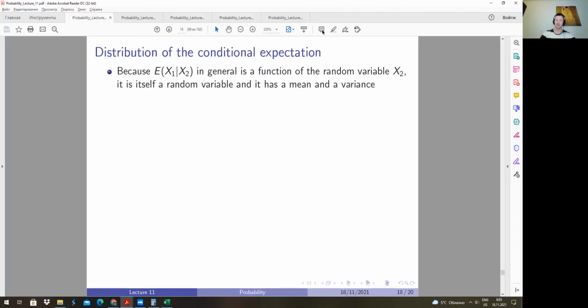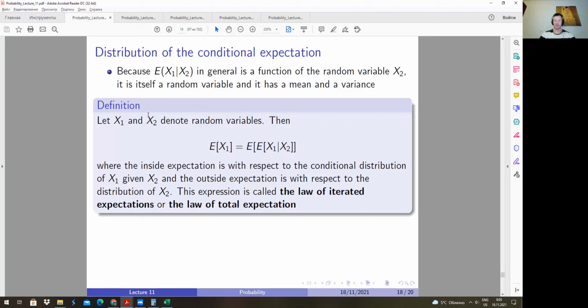And since this expectation is a random variable, because it depends on x2, it must also have a mean and a variance. So our last step in the joint distribution topic is going to be to understand what the means and variances of these conditional expectations are.